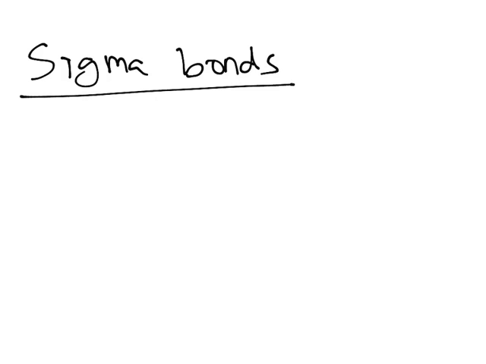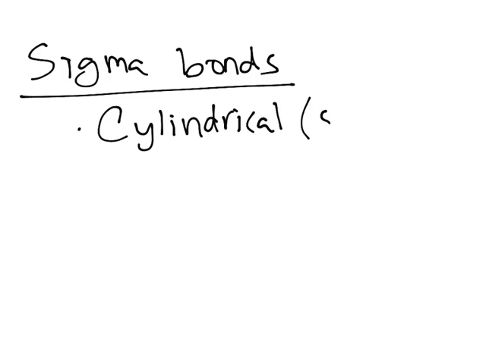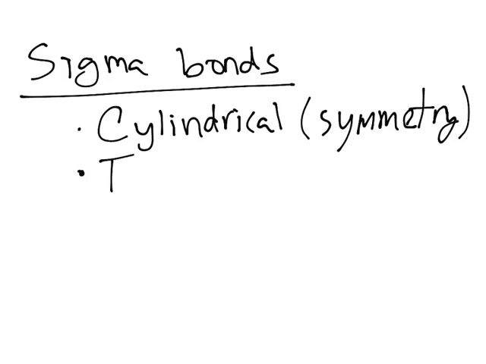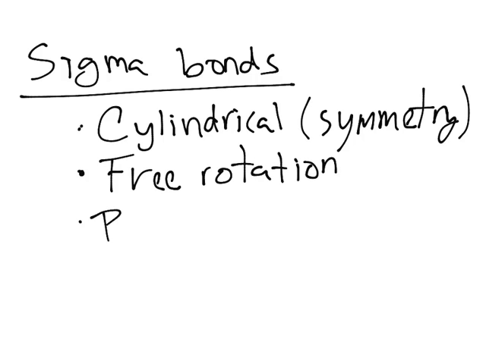There's basically three things you have to know about them. They are cylindrical, and by that I mean the symmetry. I'll put up a drawing shortly. They possess free rotation. And they're present in all bonds.